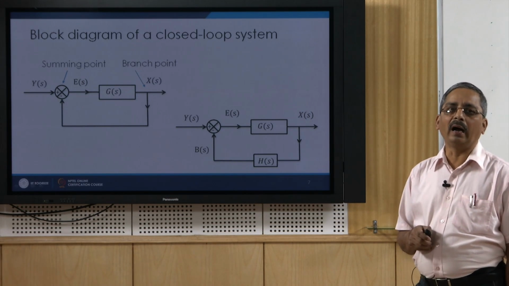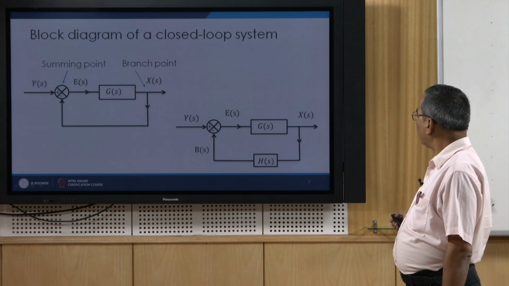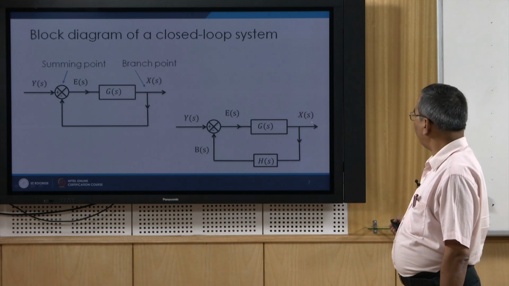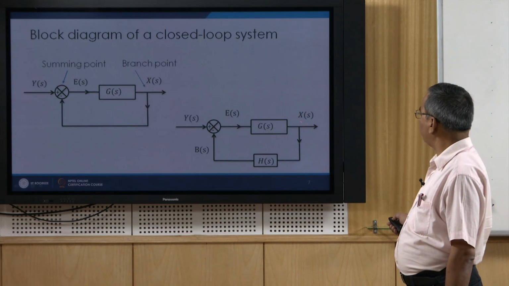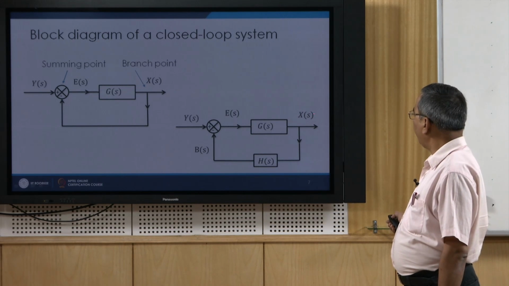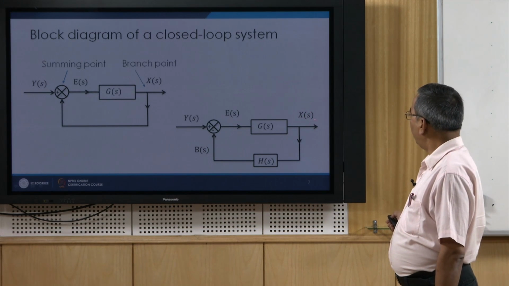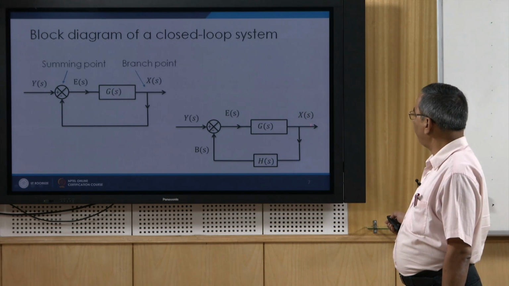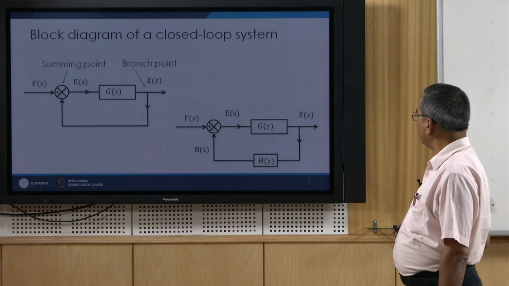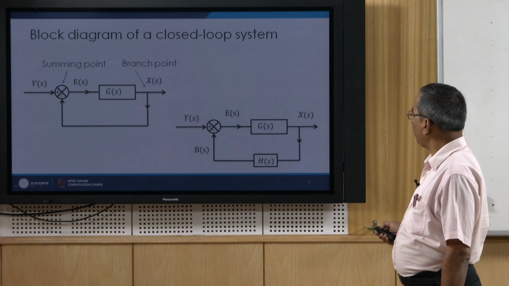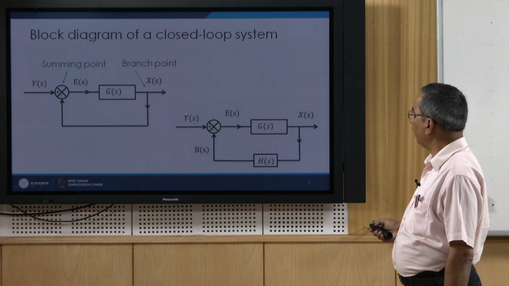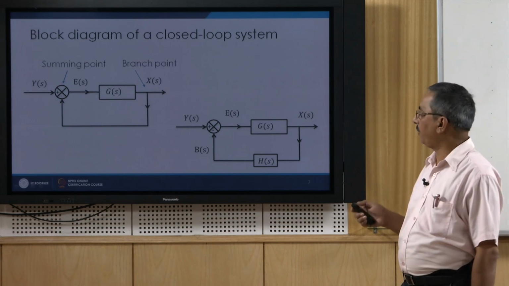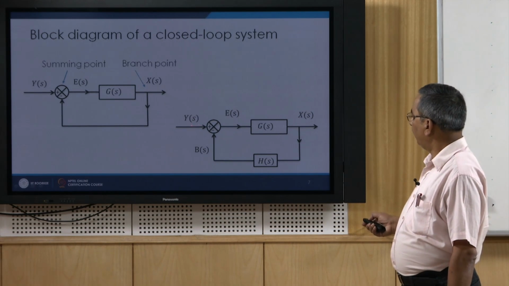Now, if I take the example of temperature control of a room, suppose the signal Xs which I am getting is the temperature. Now I want to compare it with the input setting, which we usually do with the help of some pots.